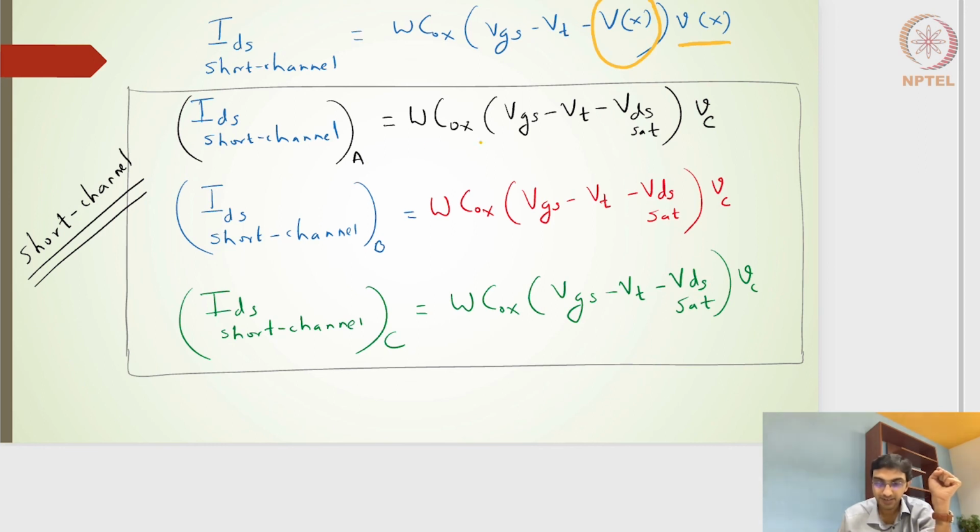And if I look into this particular expression, it is nothing but W C oxide times VGS minus VT minus VDS sat, multiplied by the velocity saturation.